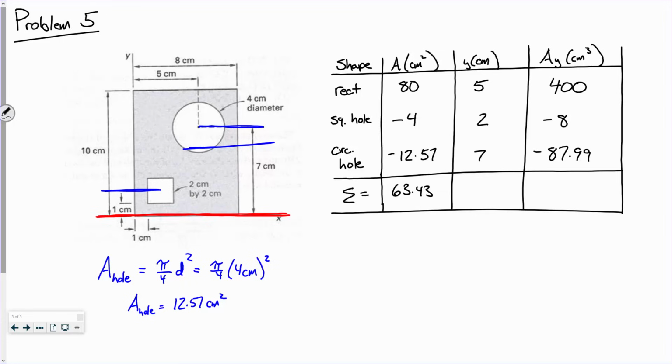What do you get? Like 0.01, something like that. Close enough.